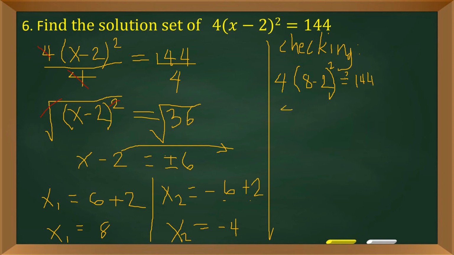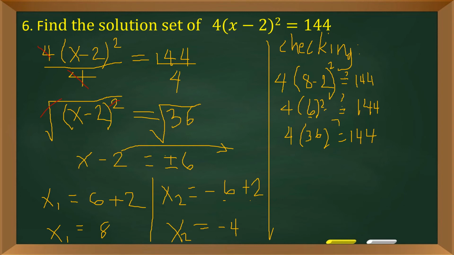So, 4 times 8 minus 2 is 6. Then, square natin, squared is equal to 144. But 6 squared, that means 6 times 6 is equivalent to 36. Oops, we forgot question marks.